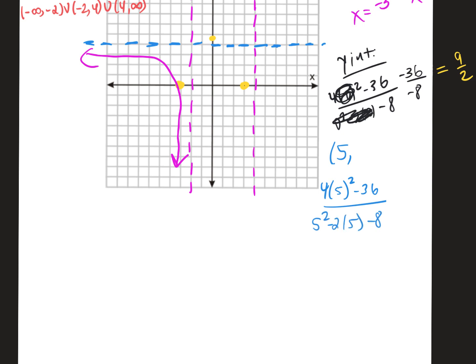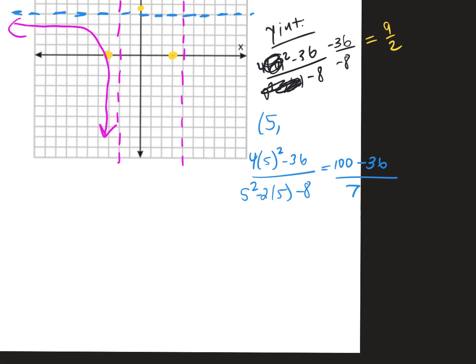Do I have all my signs right? Okay, let's simplify. What is 5 squared times 4? 100 minus 36. And on the bottom, 5 squared minus 10 minus 8, 7.